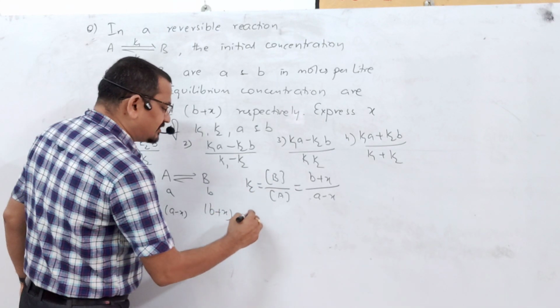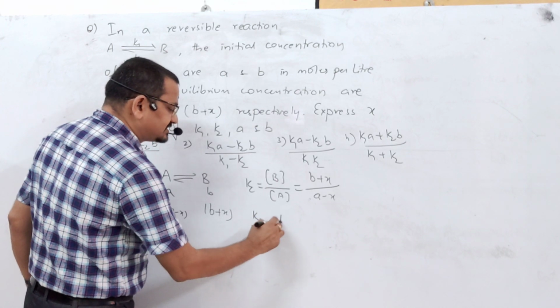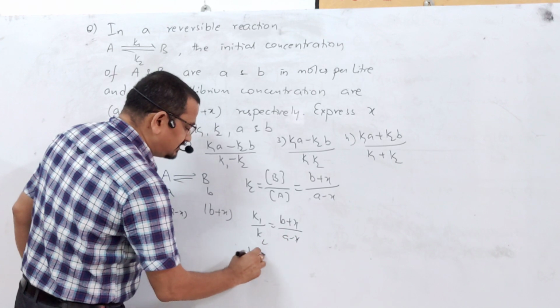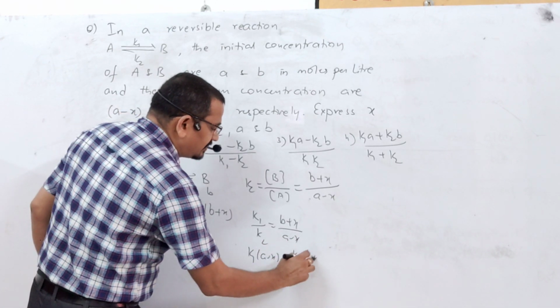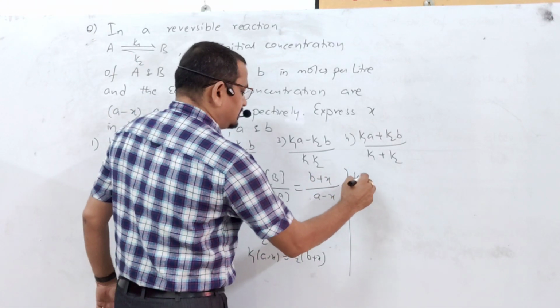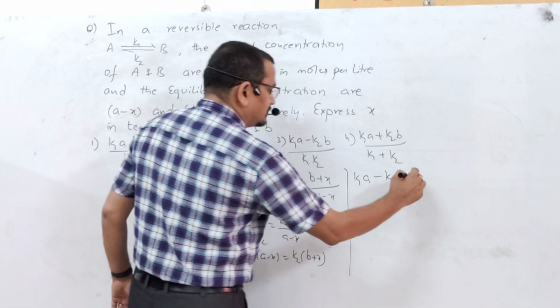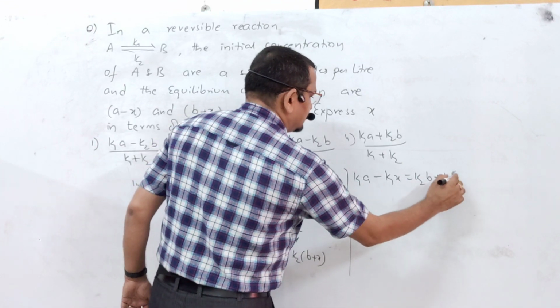Here Kc is nothing but equilibrium rate constant of forward reaction by that of backward reaction, which is B plus x by A minus x. K1 into A minus x is equals to K2 into B plus x. On simplification, K1A minus K1x is equals to K2B plus K2x.